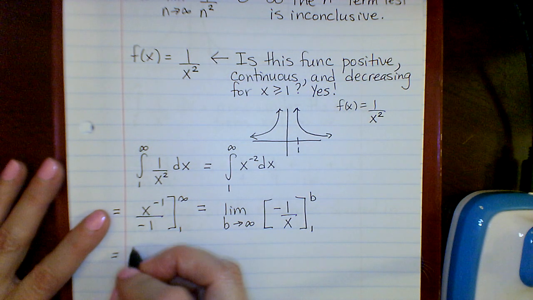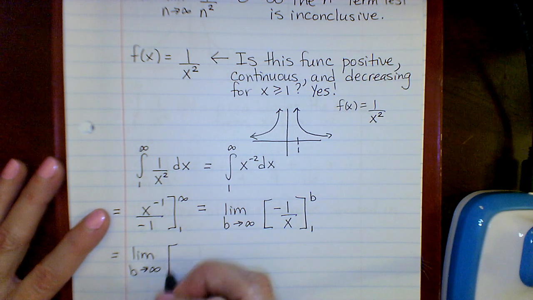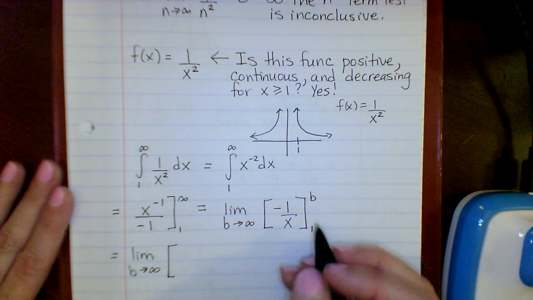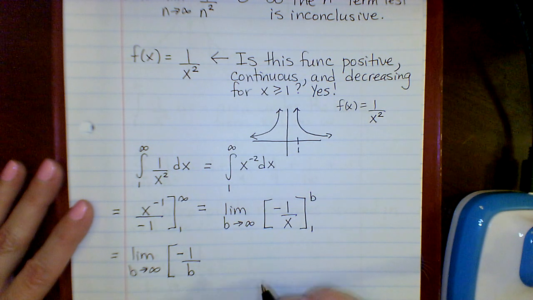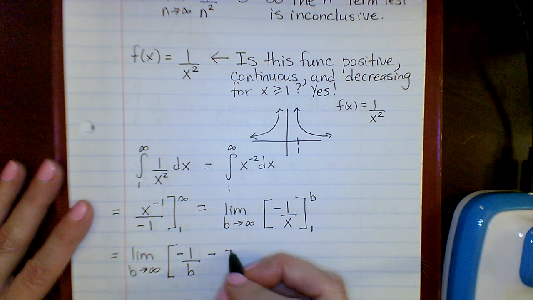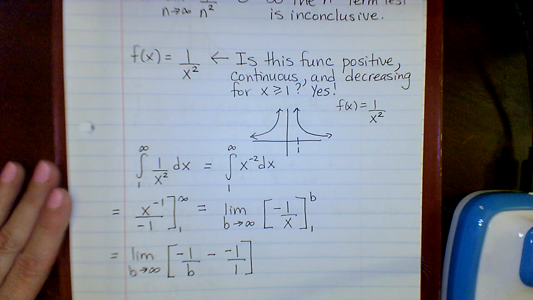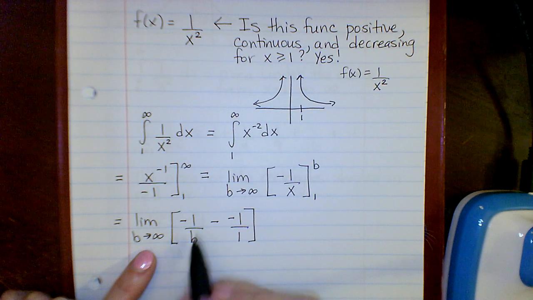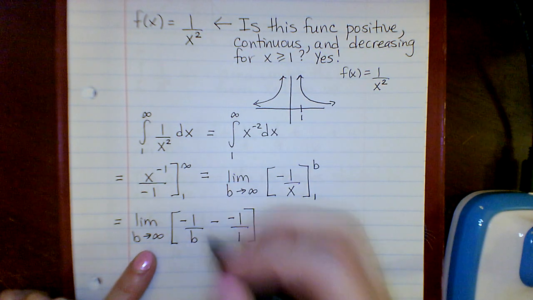All right, so let's take this limit. Or actually, sorry, I'm not going to take the limit just yet. I do need to plug those in before I take that limit. So that'll be negative 1 over b minus negative 1 over 1. Now I'm going to take the limit. Okay, so b is going to infinity, so I get negative 1 over something getting bigger and bigger and bigger. That's approaching 0.